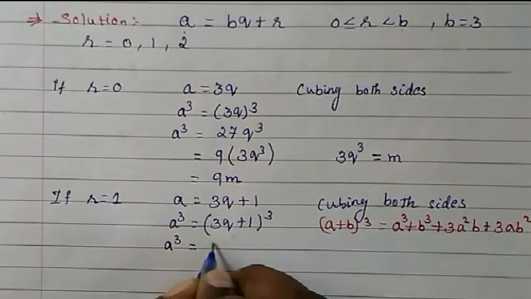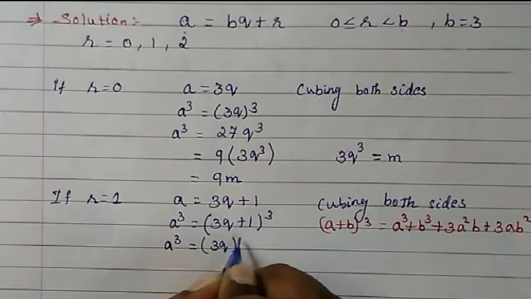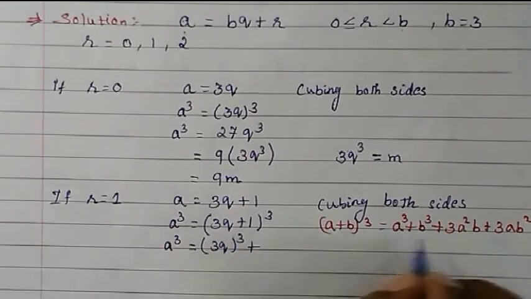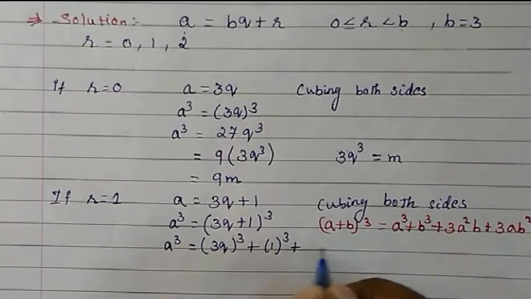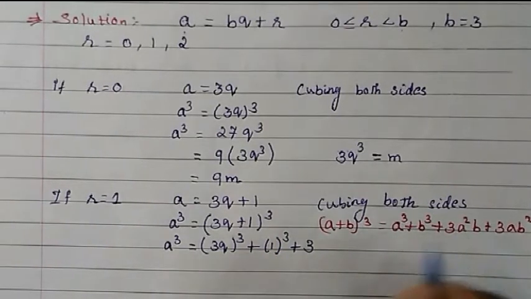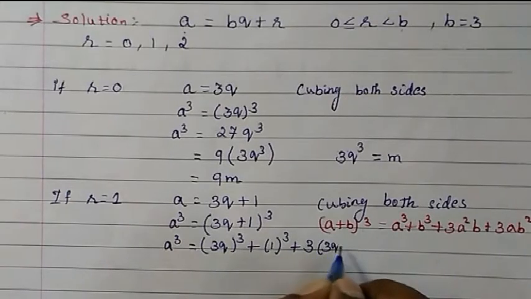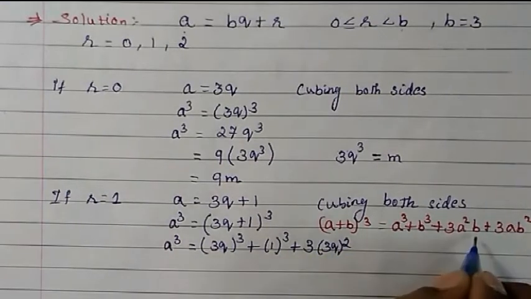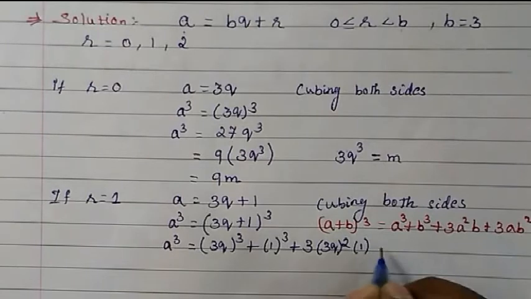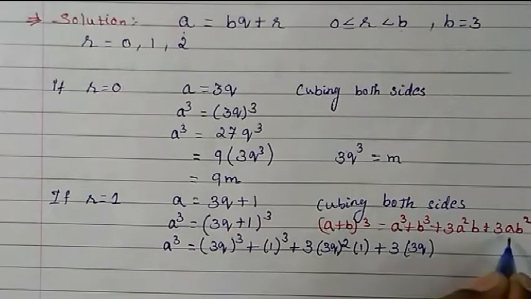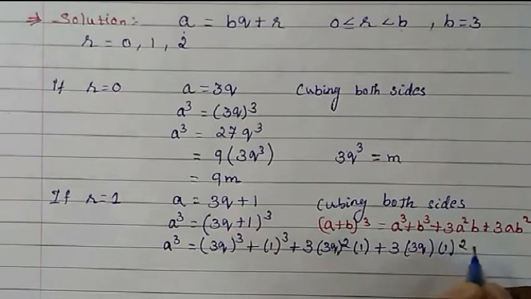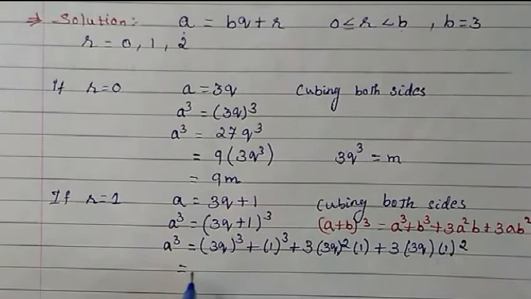So we'll get a cube, so 3q cube, plus b cube. b is here 1. Then 3, then a square, a square is here 3q square, then b is 1. Then again 3, then a is 3q, b is 1 square.